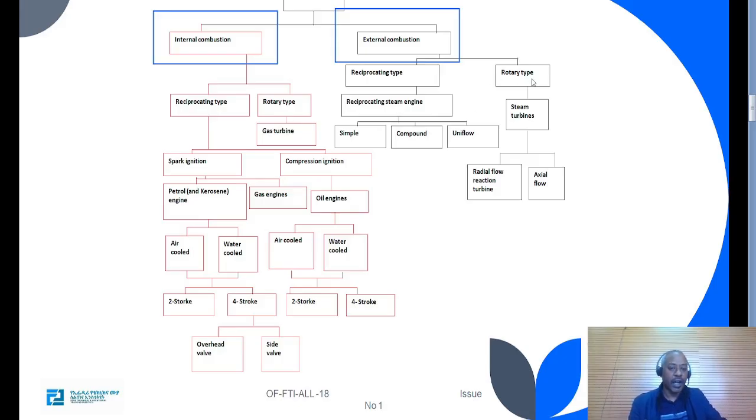The other category of the external combustion engine is rotary type, and in the rotary type we have a steam turbine. This steam turbine can be classified as radial flow reaction turbine and axial flow.